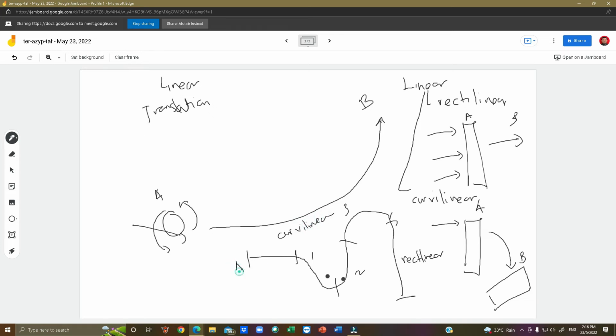Dia still lagi A ke point B. Straight line. Although it is curvilinear lah. Ni kita panggil sebagai translation. Same goes as bola sepak ni tadi. We apply force diagonally, cause the ball to spin. This spin is rotation. So when we see rotation, this is known as angular motion.